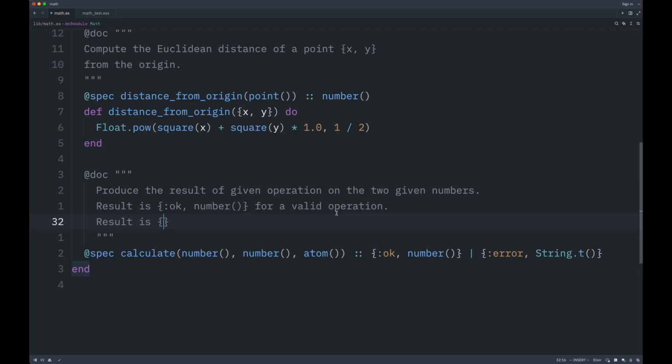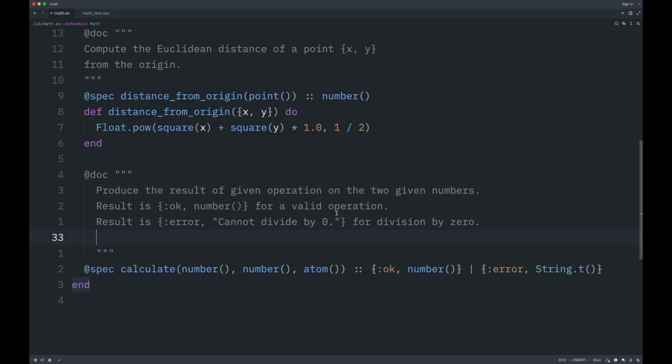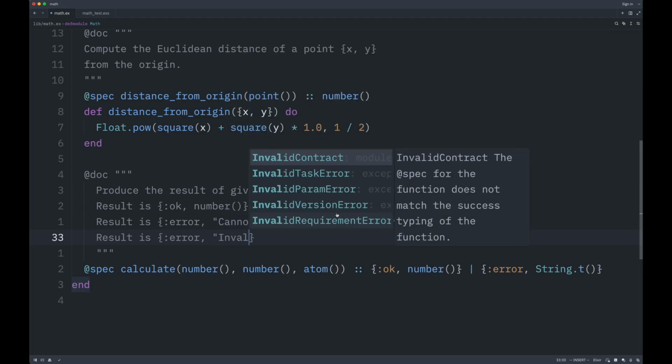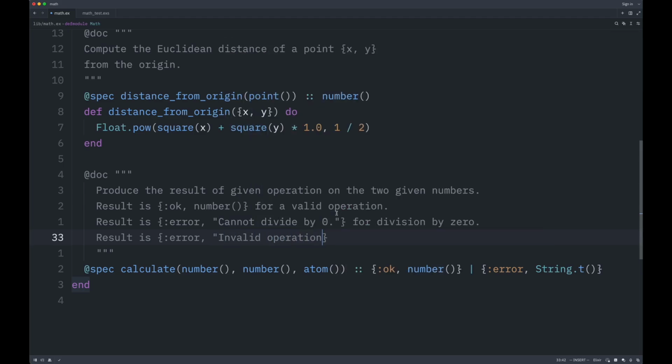Result is error and cannot divide by 0 for division by 0, and result is error, invalid operation for all other cases.